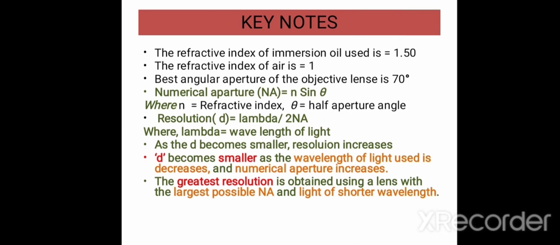So if we use a shorter wavelength of light, we will get the greatest resolution. Or if we use the largest possible numerical aperture, we will also get the greatest resolution. So please remember these key notes. These are very, very important. If you remember all these things, it will be very easy for you to solve the mathematical problems related to this topic.